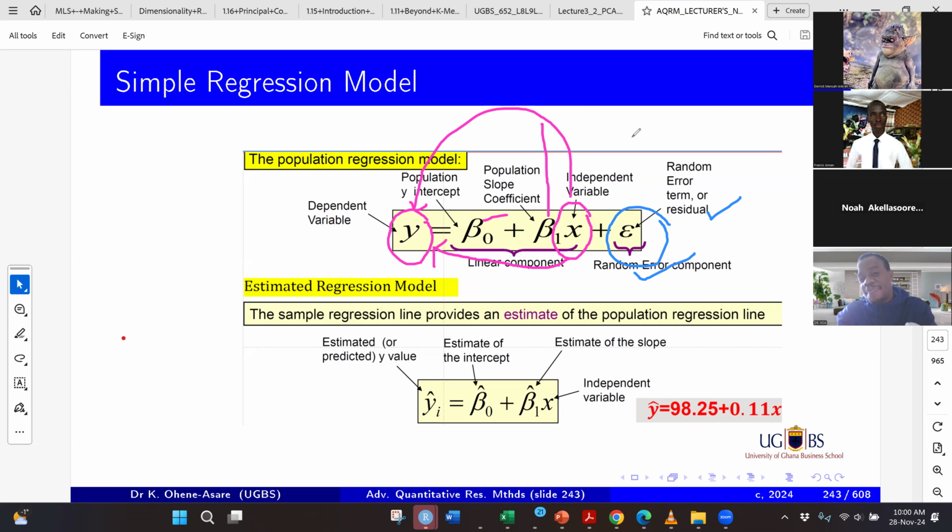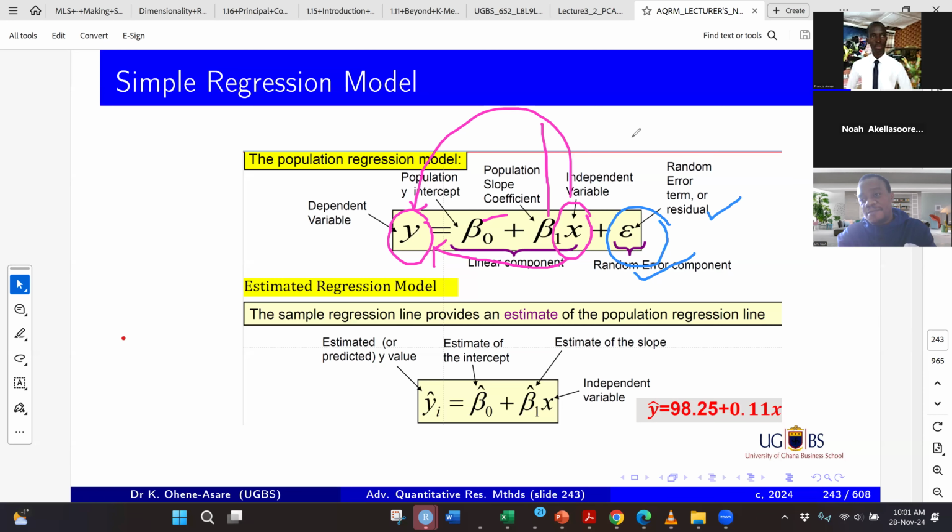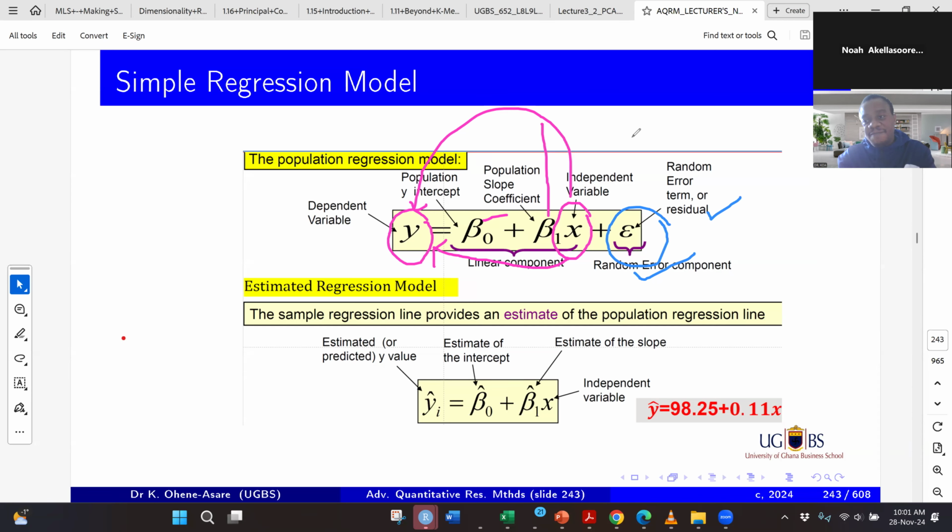Noah. Prof, disturbance term. Very good. What else? The stochastic error. Stochastic noise. Good. What else? Unexplained variance. Unexplained variance.